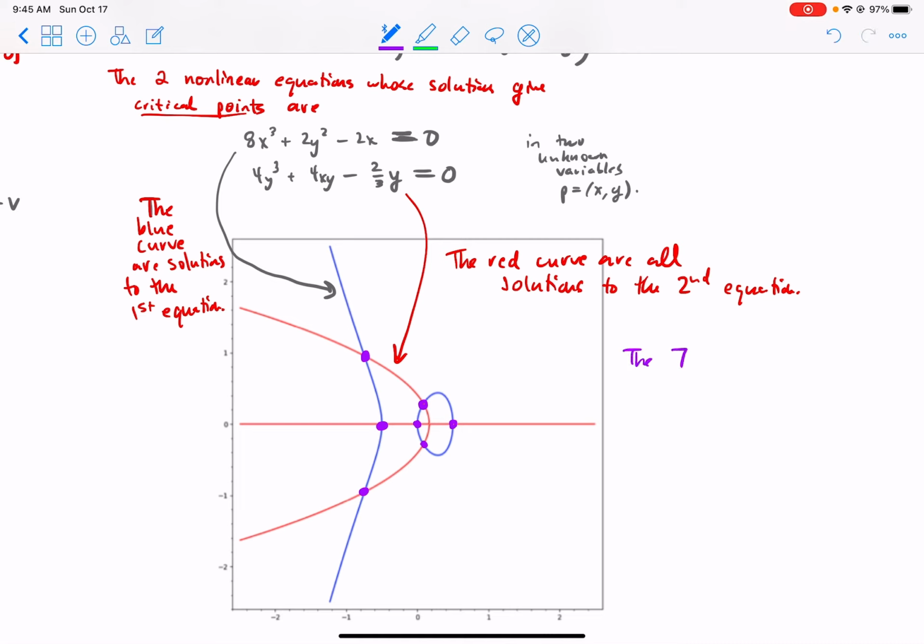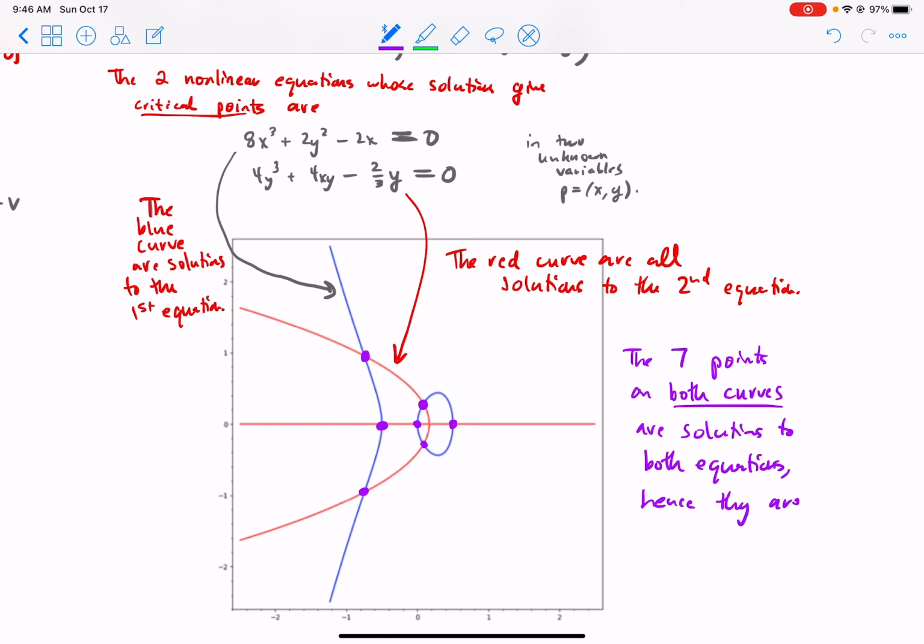The 7 points on both curves are solutions to both equations. Hence, they are critical points. They're the points that have a chance of being the argmin.